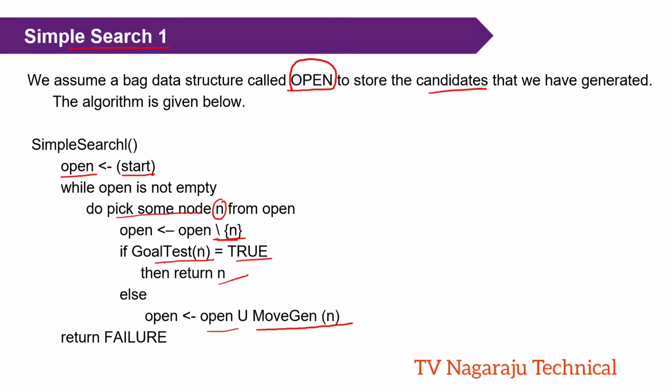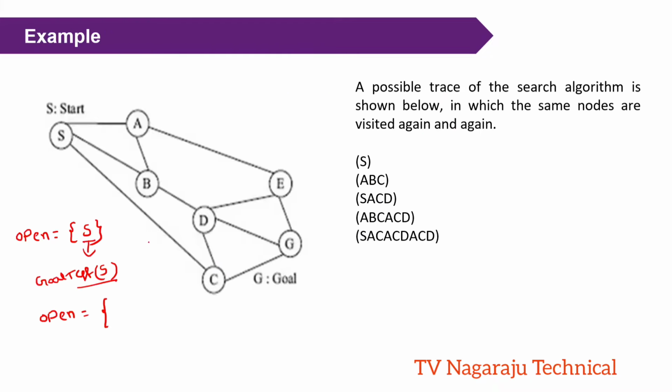Otherwise, and here S is not my goal, open is equal to open union movegen of n, the next nodes adjacent to S: A, B, C. Now this is open.